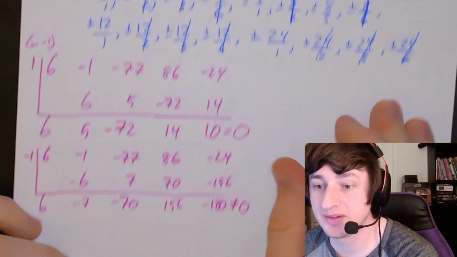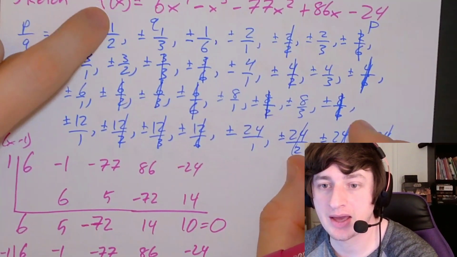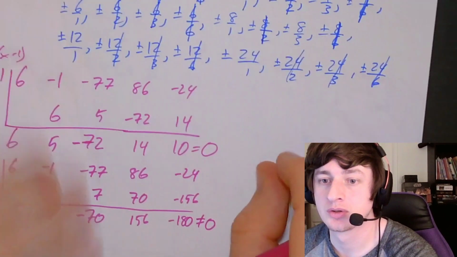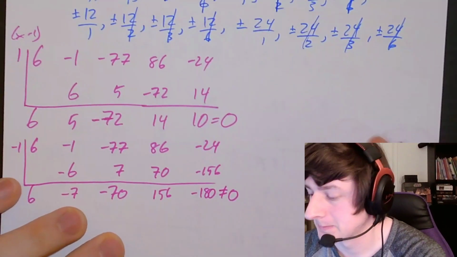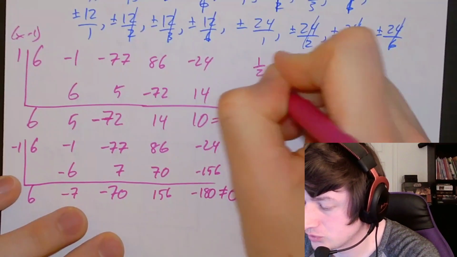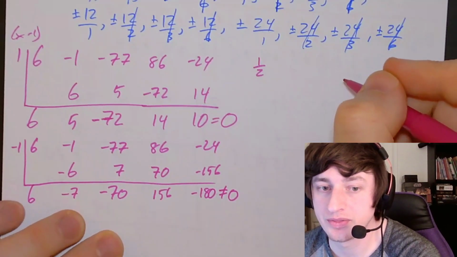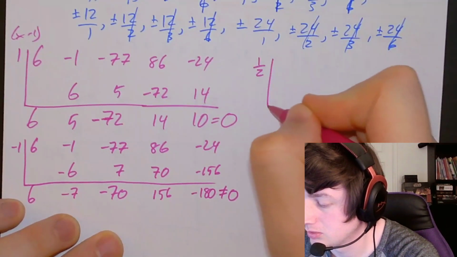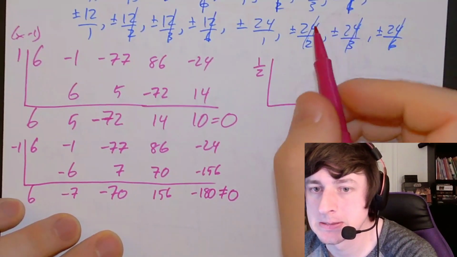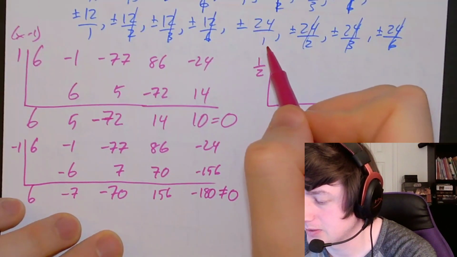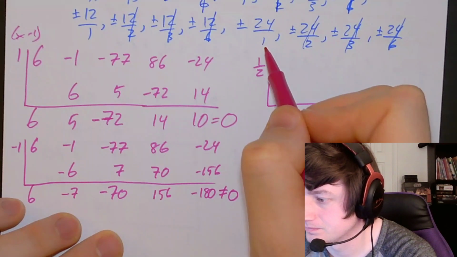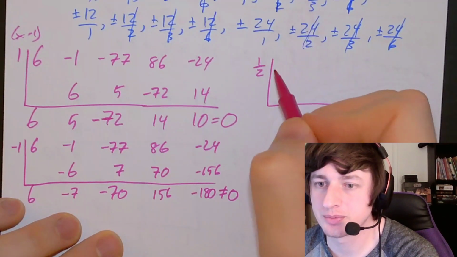So the next one on the list is a half. It's a fraction. So we're just going to do our synthetic division with the fraction. This can be written 2 ways.